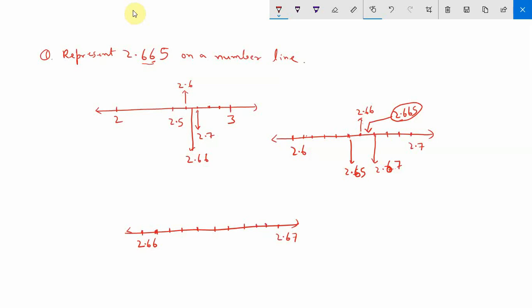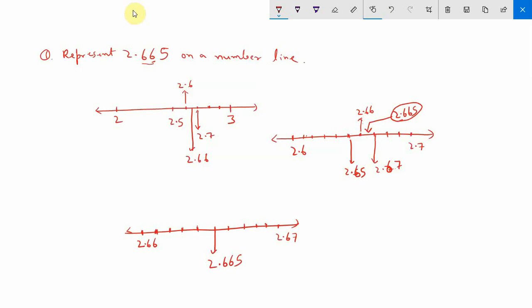Okay, so 2.661, 2.662, 2.663, 2.664 and this one will be 2.665. So in this way we can represent a real number on a number line.